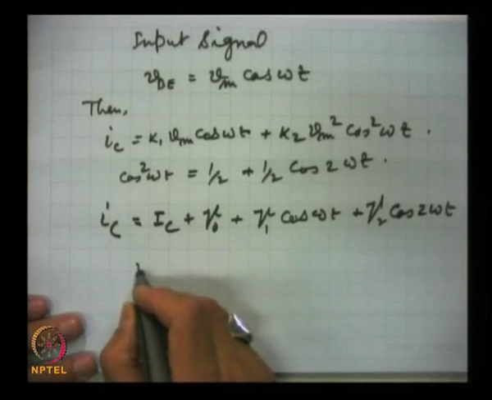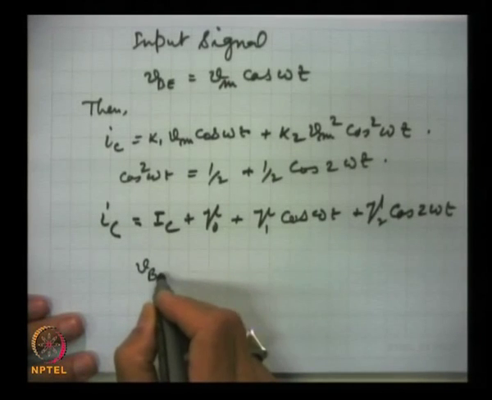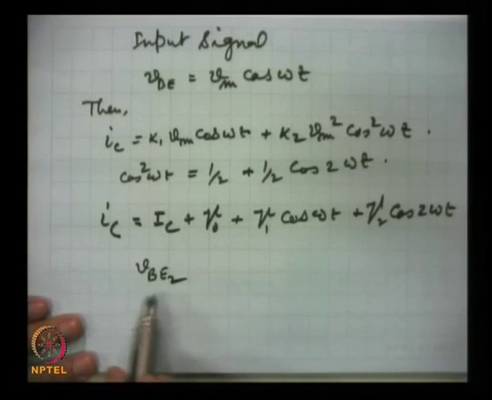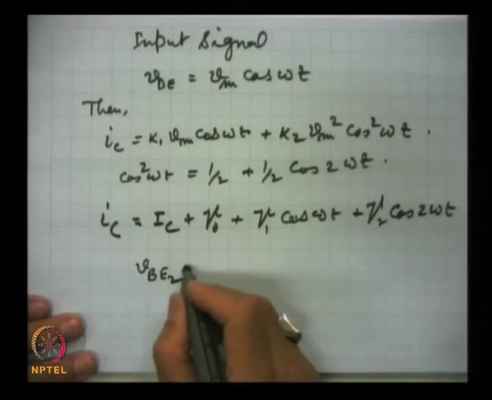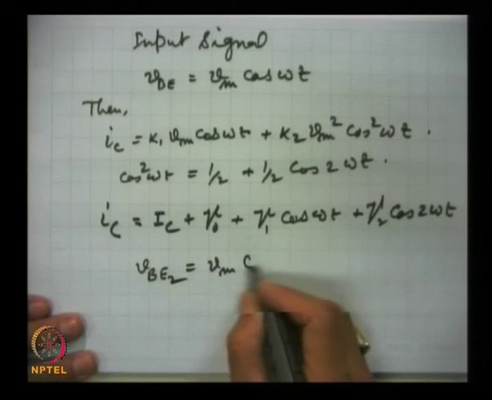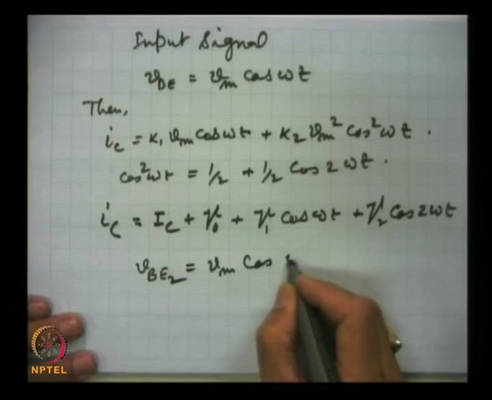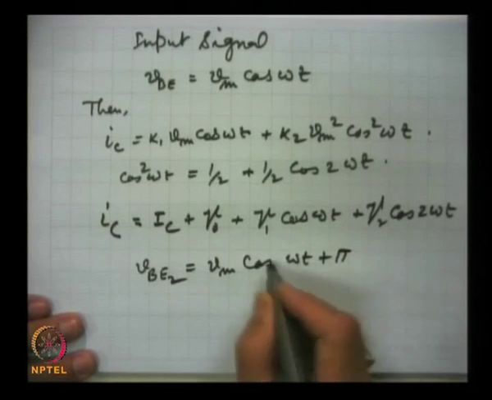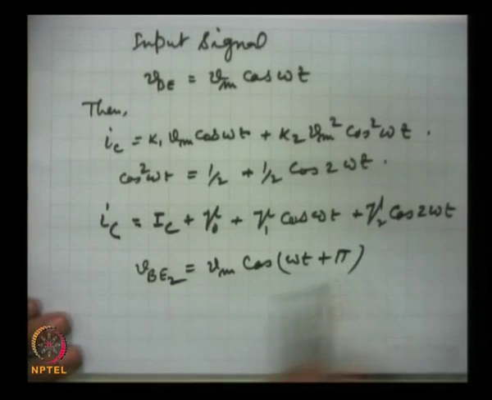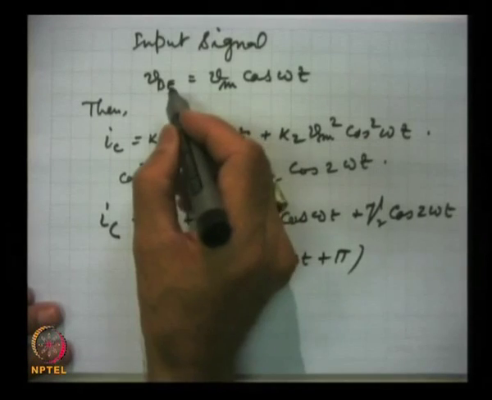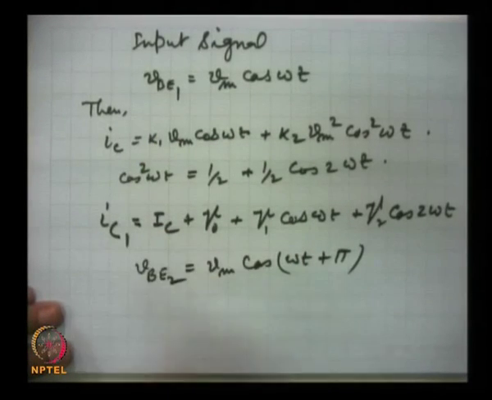So, writing the input for the second transistor as VBE2 equals Vm cos of omega t plus pi, and this one, IC1, is for the upper transistor.